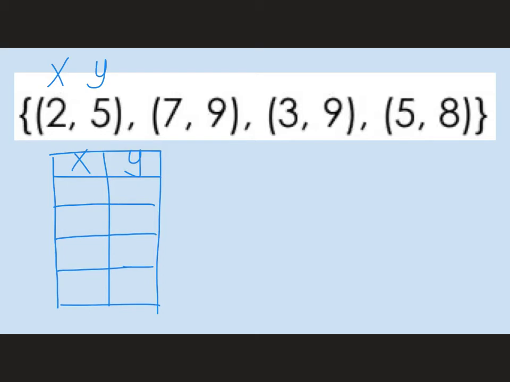And of course, they're alphabetical. X is always first, and then Y, whatever helps you remember. Hopefully by now, that's something that just comes naturally to you. And then you just write them down. There needs to be no order in a table. You can just put your ordered pairs, pairing them with their corresponding values.